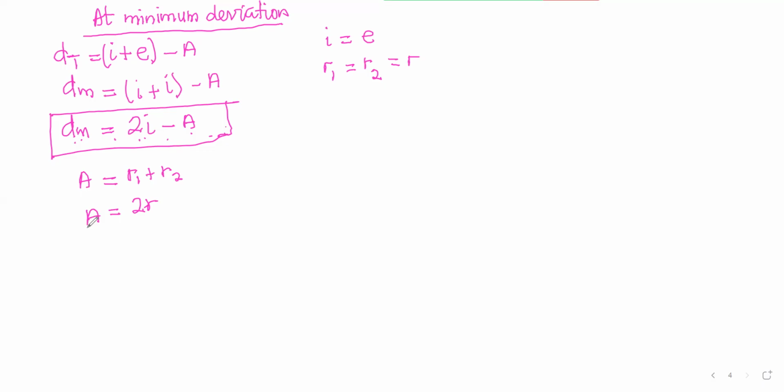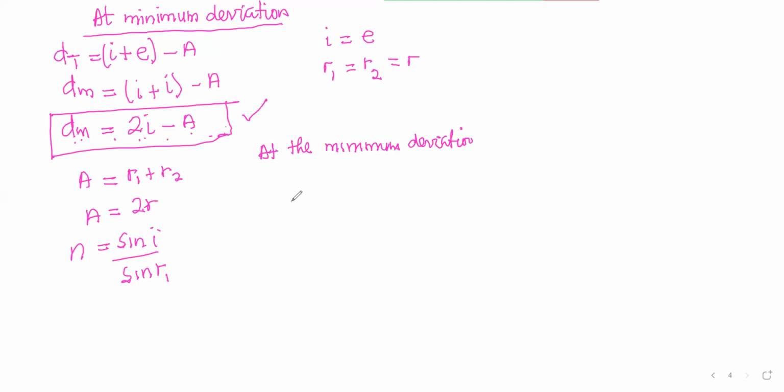Good. And we can use these conditions at the minimum deviation also to find the refractive index of the material used as a prism. From refractive index is sine of I over sine of R1. At the minimum deviation, let's make I the subject.